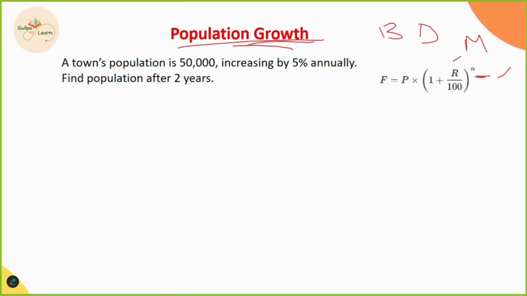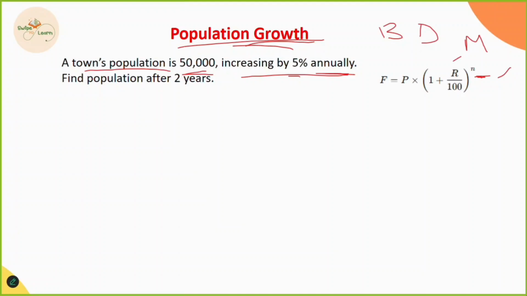Okay, let's apply this to some real world problems. A town's population is 50,000 and increasing by 5% annually. So initially the population is 50,000 and it is increasing 5% annually. Annually means per year. So for every year, there will be an increase of 5% in the population.